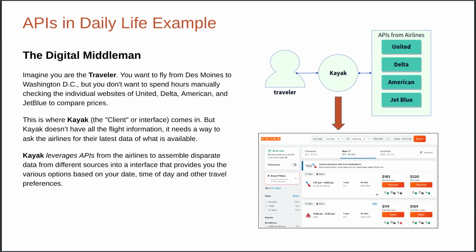Rather, they use APIs to call out to those and pull back resources, flights in this case, that align with the parameters that you put in: the days I want to go, the hour of the day I want to leave, where I want to sit, how much leg room I'm going to get or not. APIs are all around us, and we're seeing them all the time. A lot of times we're interfacing with them through web UIs in that context.